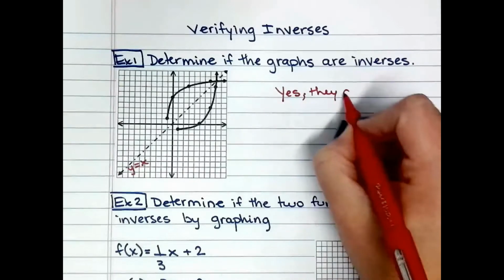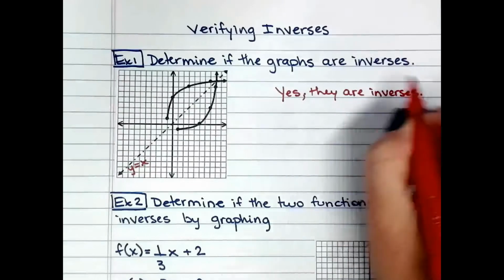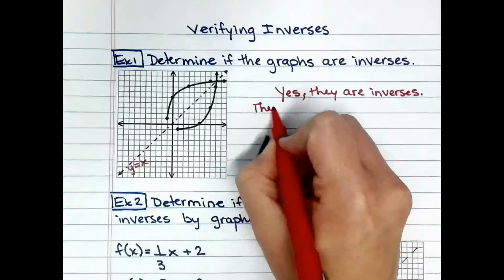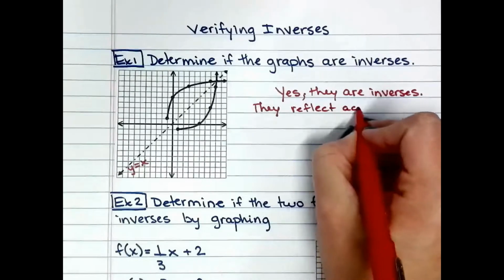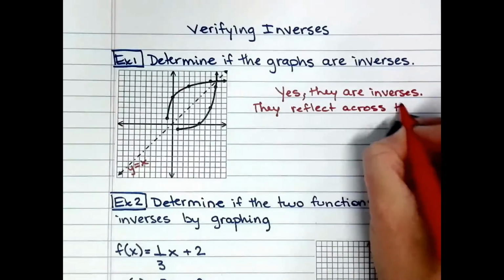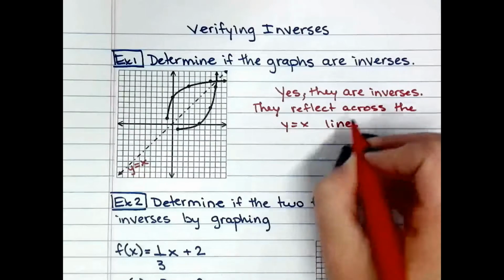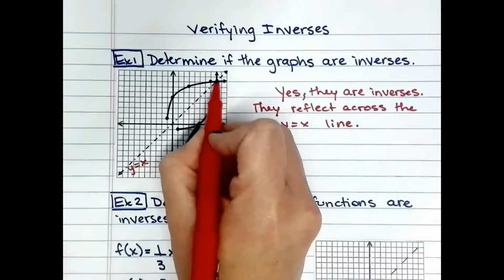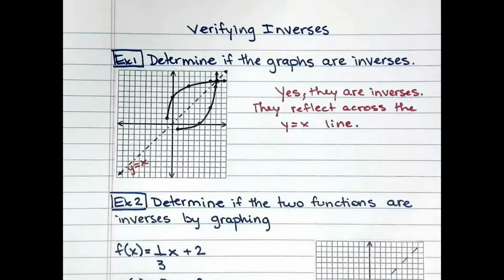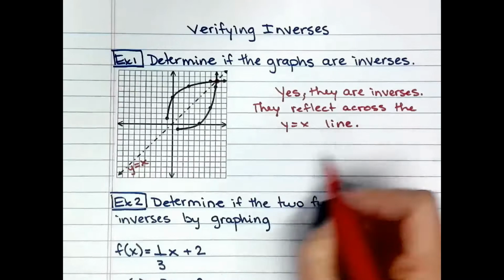Yes, they are inverses because they reflect across the y equals x line. And something else is, if they're inverses, they will intersect at the y equals x line.